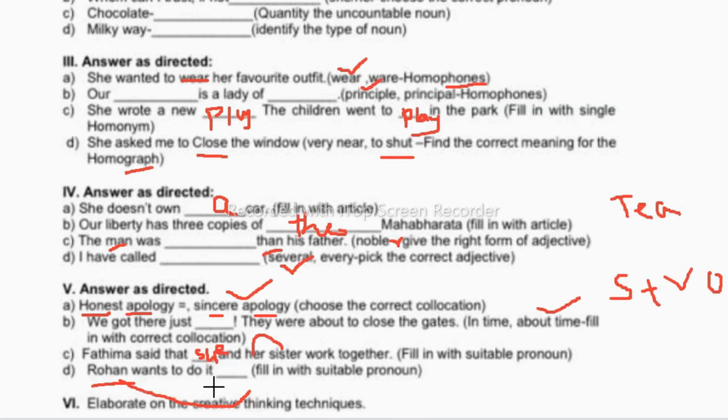Rohan wants to do it by himself. No need to write by. Rohan wants to do it himself. So here you have to write himself because we are talking about a single person, Rohan. If two persons were there, then we could write they want to do it themselves. If a girl was there, then she wants to do it herself. I want to do it myself.